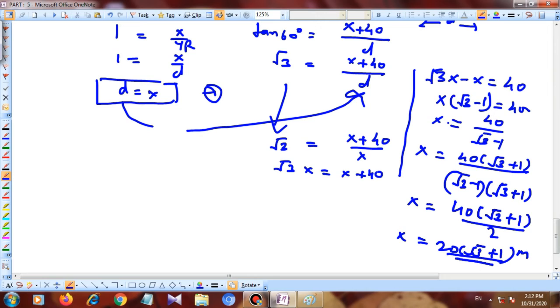One more part is, what is the length of QX, right? So how to find QX?